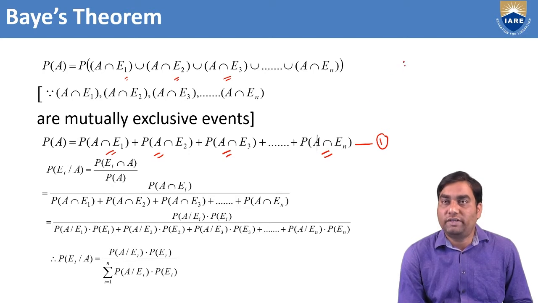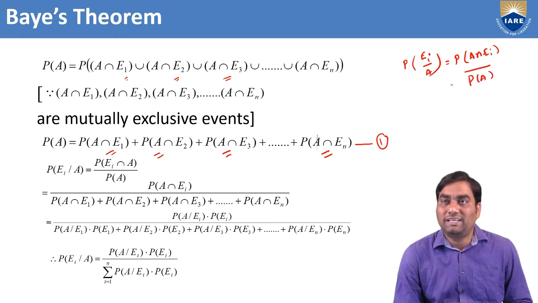But actually what we require in Bayes theorem, P of Ei by A, we need to prove. According to the conditional probability, this can be written as P of A intersection Ei by P of A. This is according to the conditional probability formula which we have discussed in the earlier sessions.